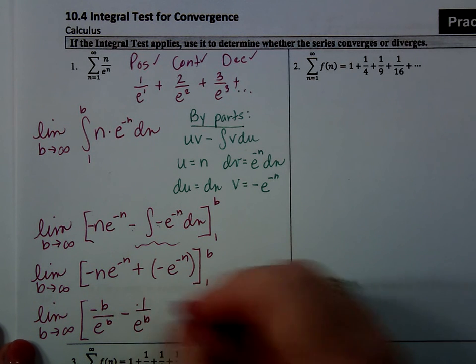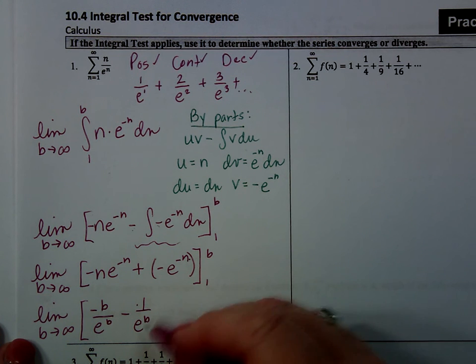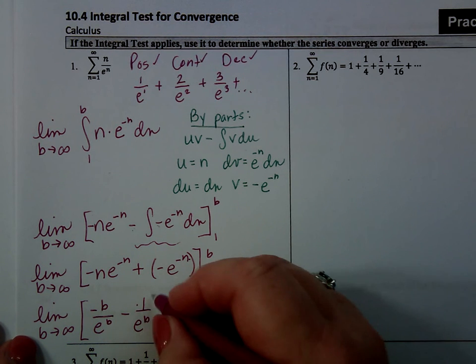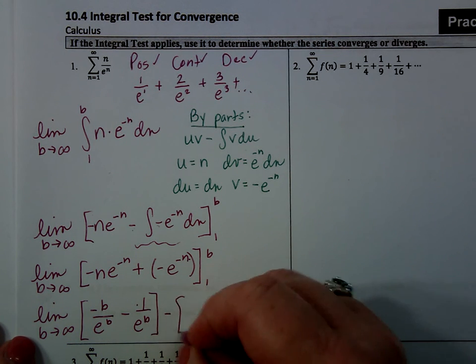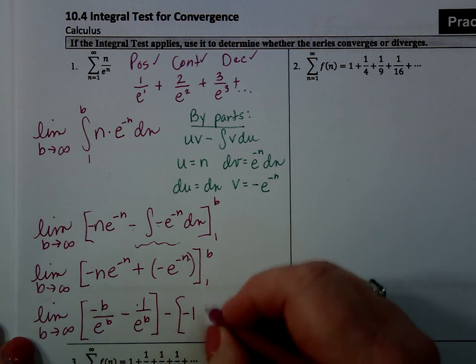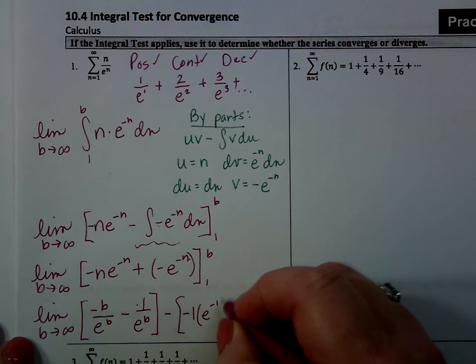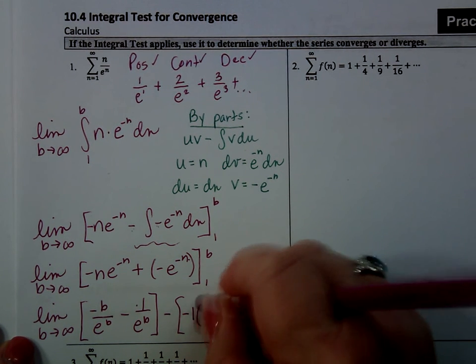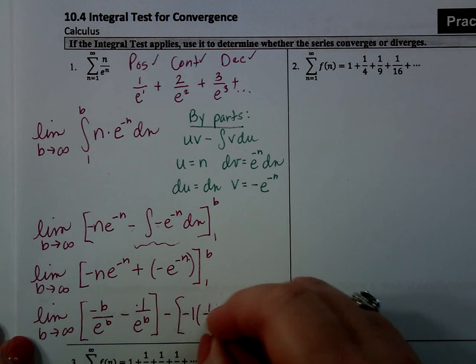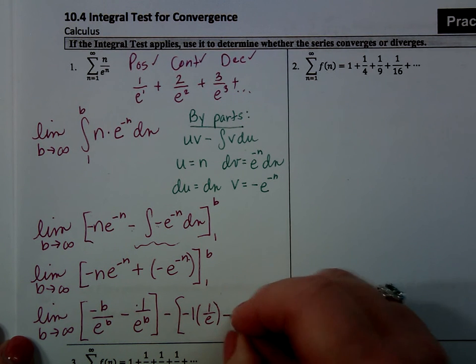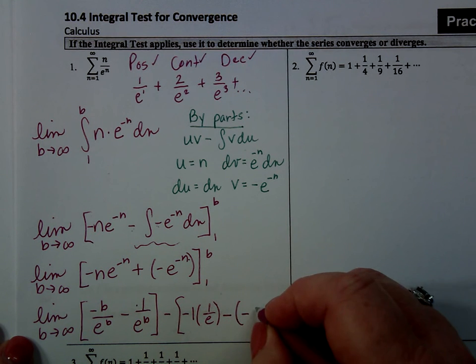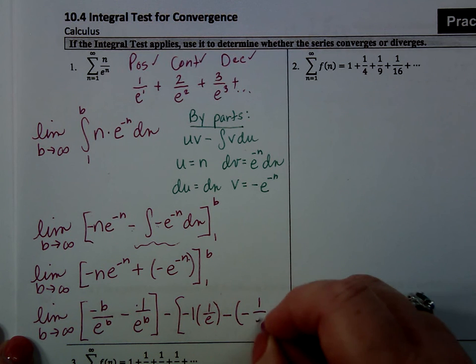This is e to the negative b, so it's going to be an e to the b on the bottom. And then it's going to be minus, put a 1 in, negative 1 e to the negative 1, 1 over e, minus negative 1 over e to the first again. Whew.